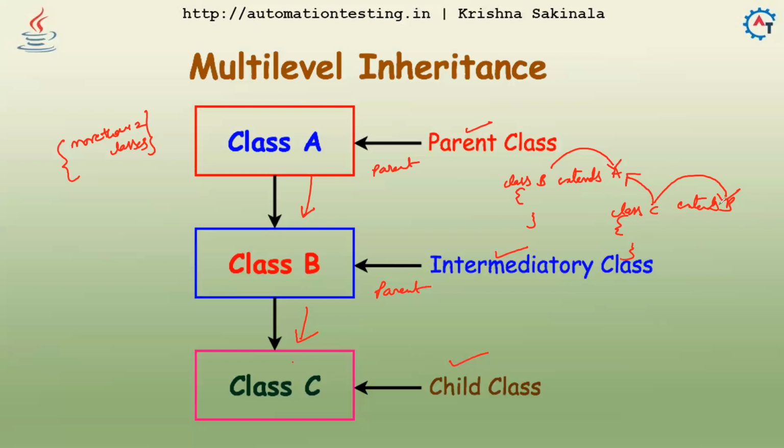C will get information from B and A, and B gets information from A. We have the rule that only if it is public or protected can you access it. So C can access information from B and A. In the same way, B can get information from A. A cannot get information from B or C, because A is the top level class. So this is called multi-level inheritance.